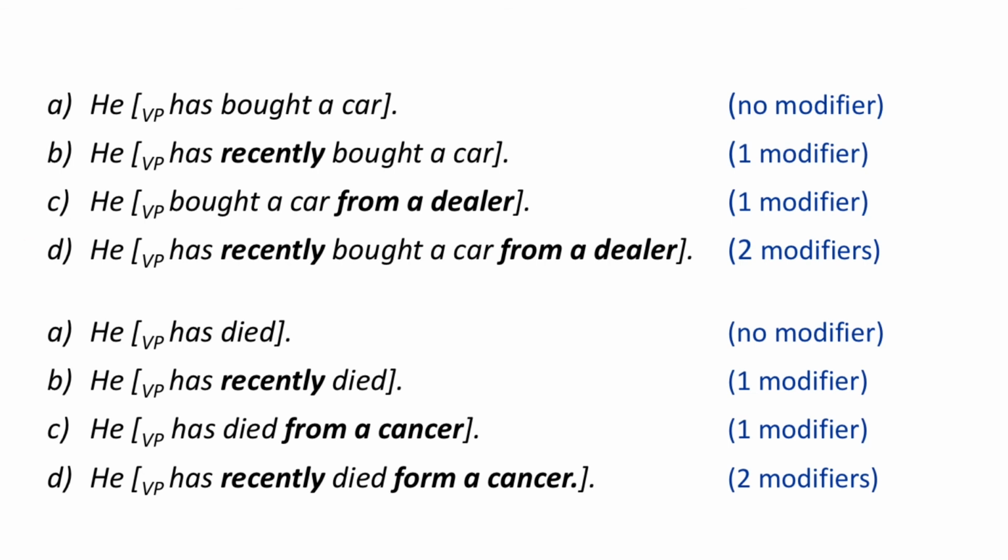This is also true in the other four sentences. Here in sentence A, he has died. There is no modifier. In sentence B, he has recently died. There is one modifier. In sentence C, he has died from a cancer. There is one modifier. And finally, in sentence D, he has recently died from a cancer. There are two modifiers.